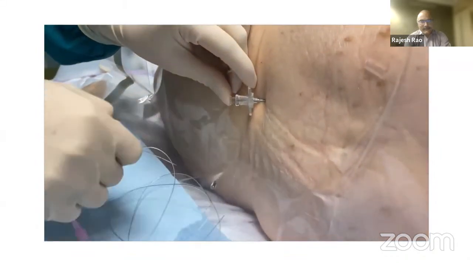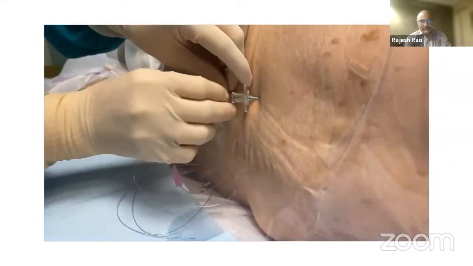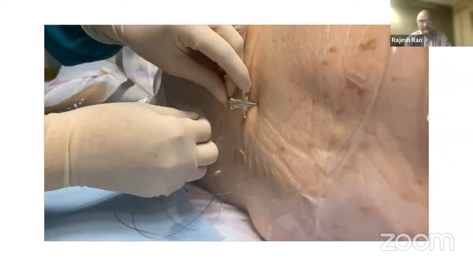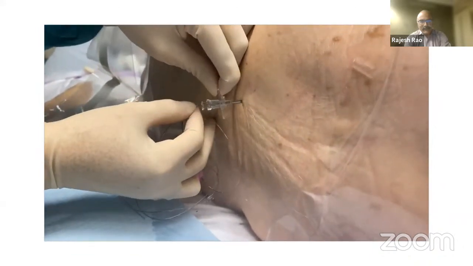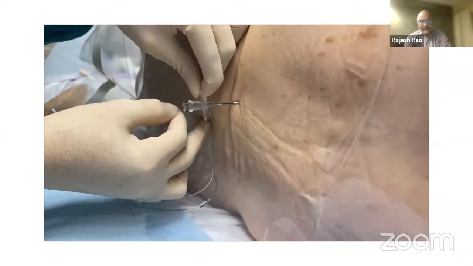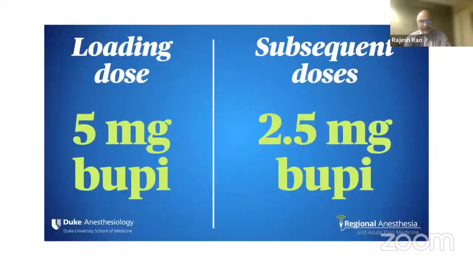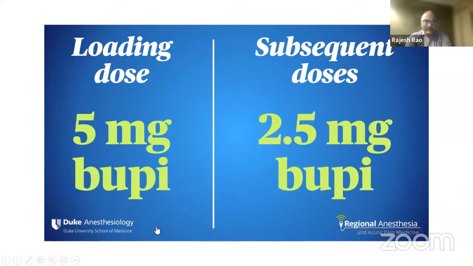And then insert the catheter. Ask the patient. Hold it in place and bring out the needle. See that the measurement is proper. The catheter tip is 2 to 3 centimeters inside the subarachnoid space, and this can be confirmed by the gravity test, holding the catheter down.